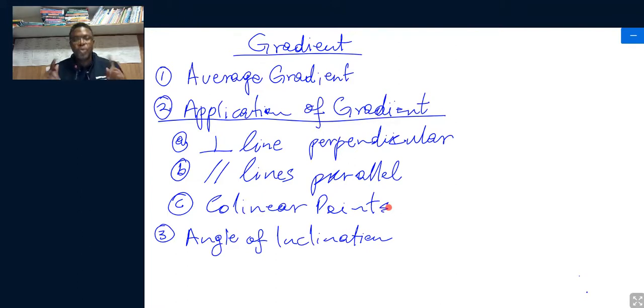I want you to know right from the onset that when you think about a gradient, you think about the average gradient and its applications. When you get to matric at grade 12, we talk about gradient in calculus, and we discuss the first derivative. It is a gradient. I'm not going to talk about that now. Let us move to the second slide.